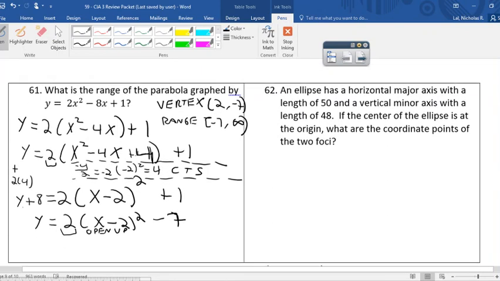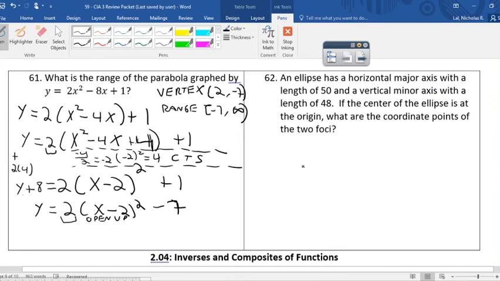I can do one more problem before we're done. So let's finish conics before we're done with class. All right. So if the ellipse has a horizontal major axis length of 50, that means 2a is equal to 50. If it has a vertical minor axis with a length of 48, that means 2b equals 48.